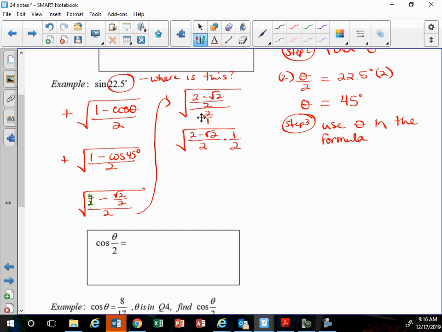The next step you can skip, but I want to show you what's happening. So this is 2 minus root 2 all over 4. Can I take the square root of 4? Yes. So now the numerator is under the square root, and the denominator is just a normal 2. That is your actual answer.